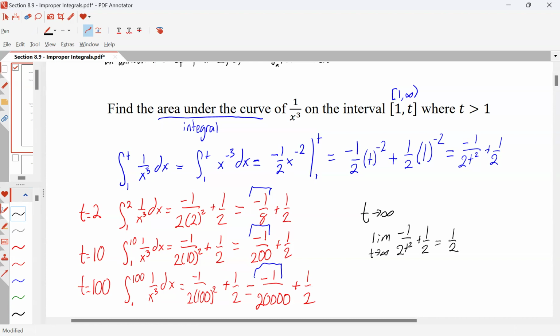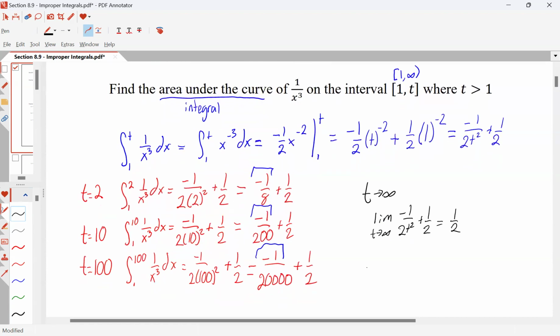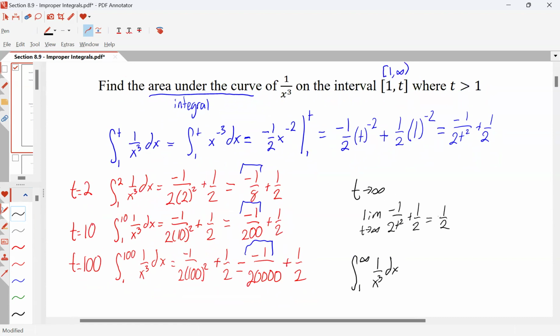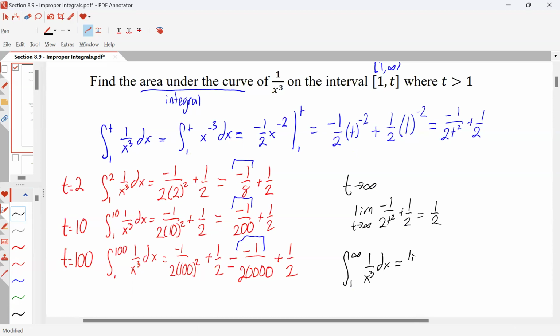This means for us that if I wanted to know the integral from 1 to infinity, I can't plug infinity into a function, but I can look at the limit as a variable goes to infinity.